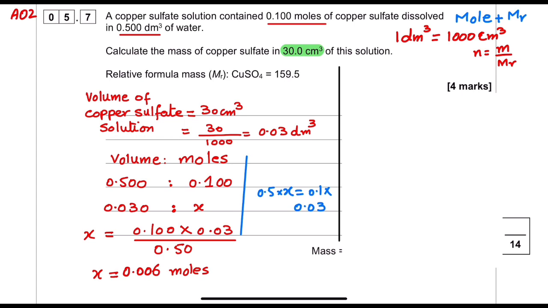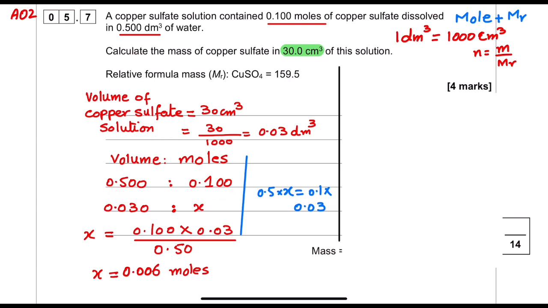Now we're going to take the ratio between the volume and the moles. We know that for 0.1 mole of copper sulfate, the volume is 0.5 dm cubed.